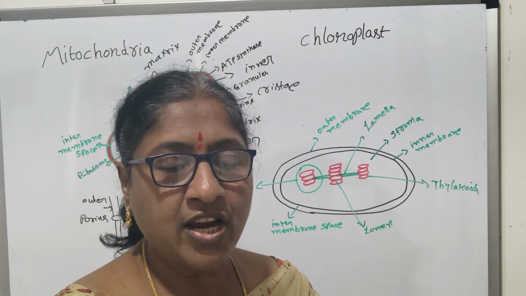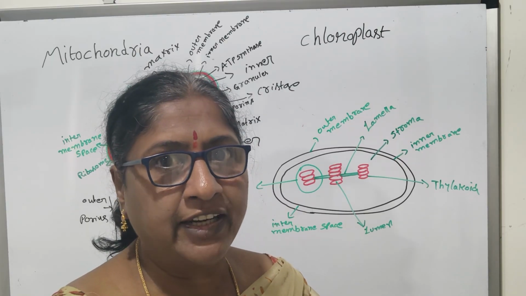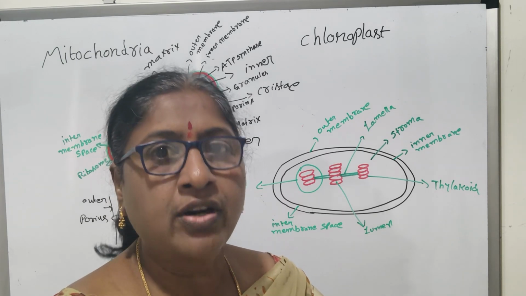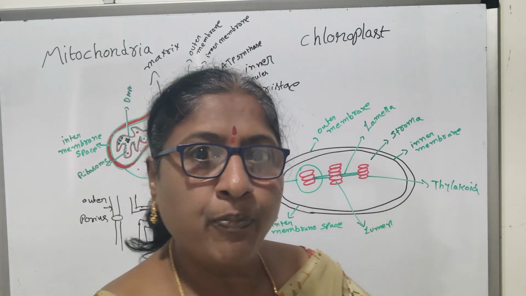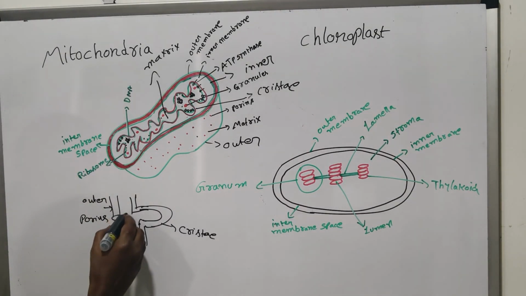After the production, the ATP gets transported from the inner membrane surface into the cytoplasm of the cell through those transporters. Pyruvate easily enters through the outer membrane porins into the intermembrane space. So this is the intermembrane space.